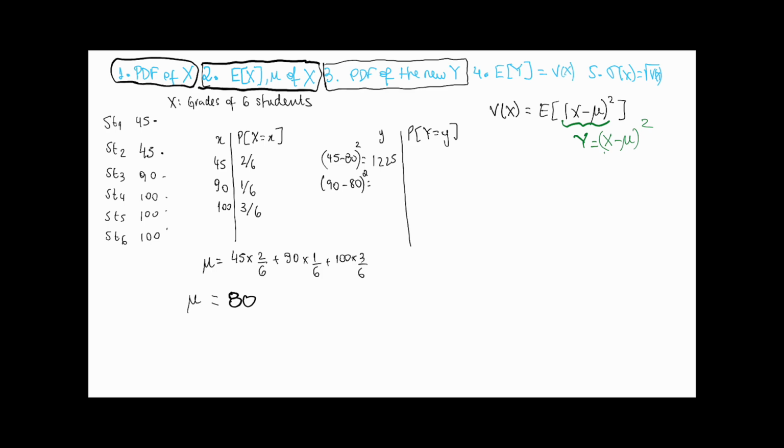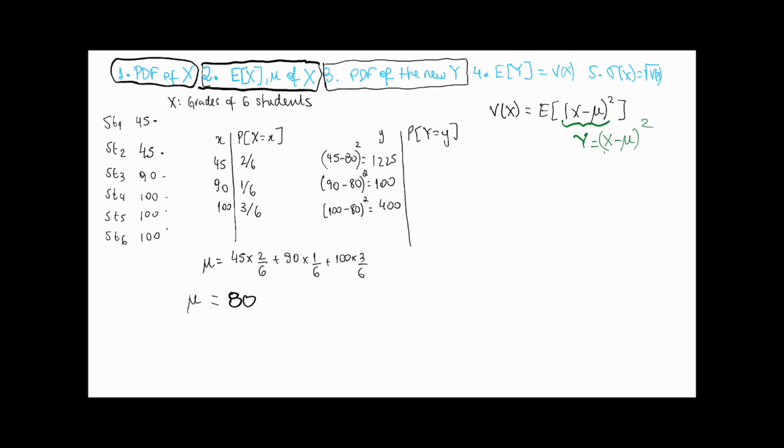That's 10 squared, that's 100. That's easier to do than the previous one. Now what's the value of y when x is 100? It's 100 minus 80 squared. This is 20 squared, right? So 20 squared is equal to 400.